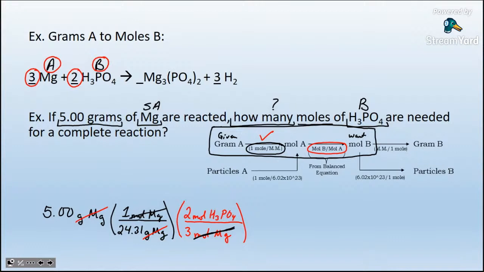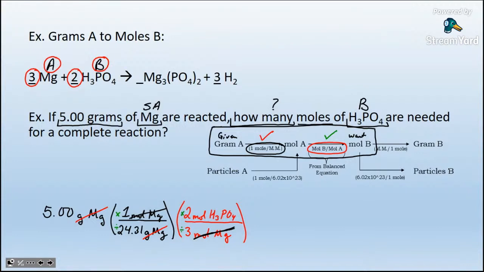Again, at this point, I will have solved for my moles of substance B. And that's what the question is asking me. So in the calculator, again, we're going to multiply by each of our numerators, divide by each of our denominators. So I type in 5.00 times 1 divided by 24.31 times 2 divided by 3.